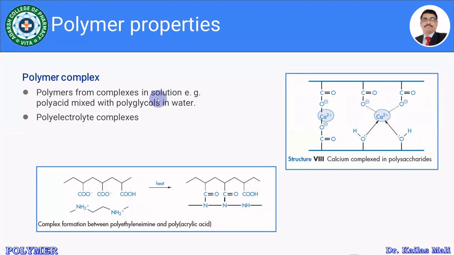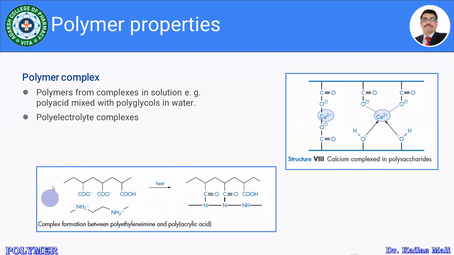If we mix two polymers, one anionic in nature and another cationic in nature, there is a formation of a polyelectrolyte complex, which will have different physicochemical properties, and that idea will be helpful for designing of controlled drug delivery systems.